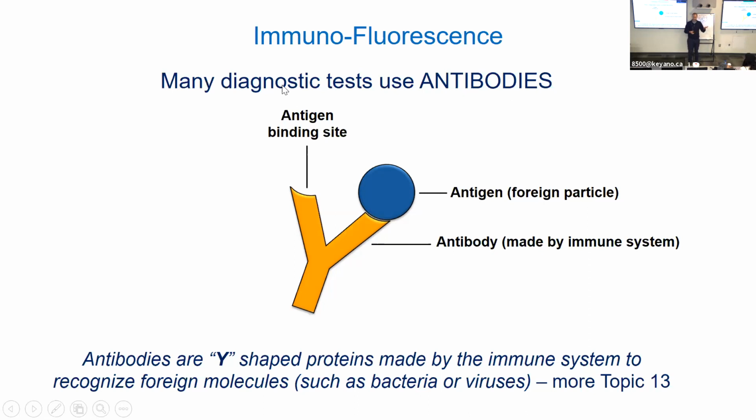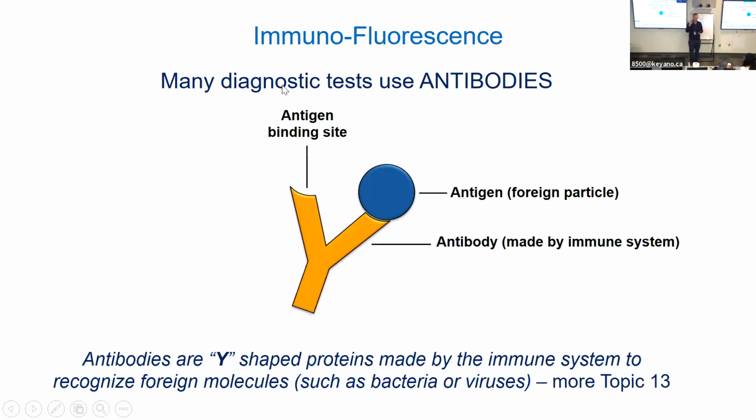So if you've had a vaccine, or if you had chickenpox as a child, now you have cells that are producing these antibody proteins, and these antibody proteins will recognize that infection if you ever get exposed again, and they're going to deal with it. So much more than that in topic 13. But think about it. We have this little protein, and this little protein is super specific for something.